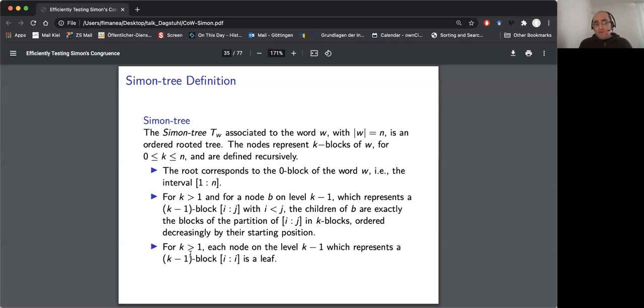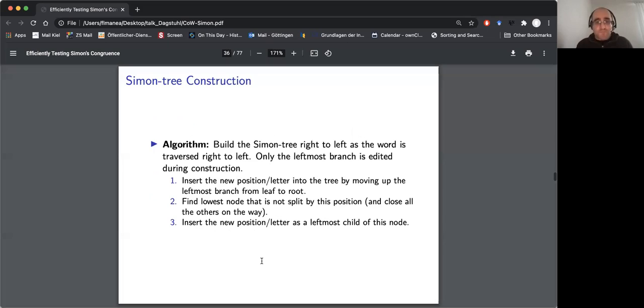Each node on level K minus 1 which represents a singleton is a leaf. So as I said, once a singleton, always a singleton. It doesn't change. I won't copy it. I will just consider these nodes as implicit on each level greater or equal to the level where they became a singleton the first time.